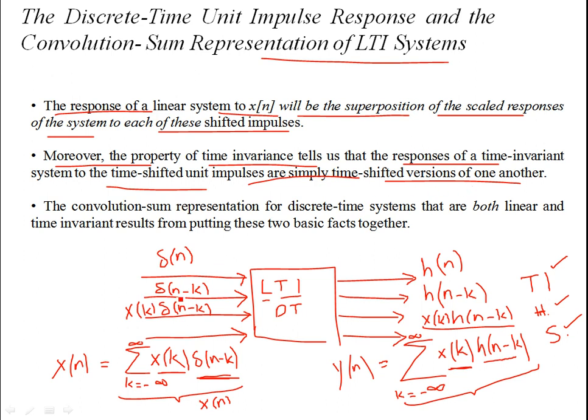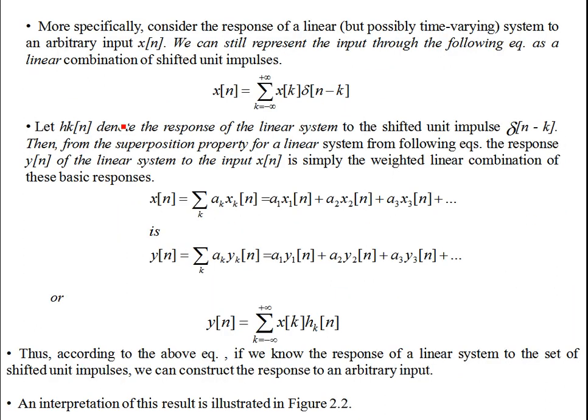So because of the time shift, we have the impulse response that is shifted in time by the same number of samples. Now the convolution sum representation for a discrete time system that is both linear and time invariant results from putting these two facts together. So if you combine time invariance and linearity, you get the convolution sum.